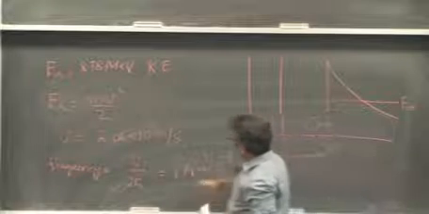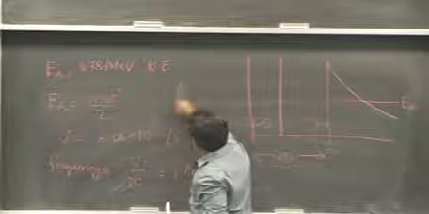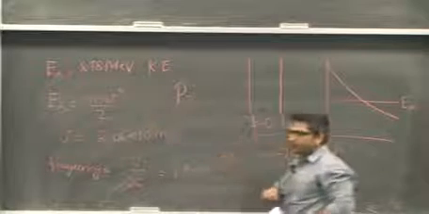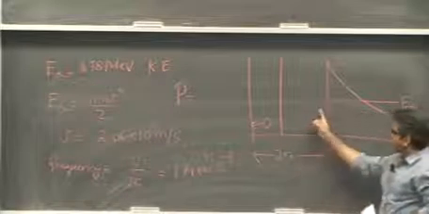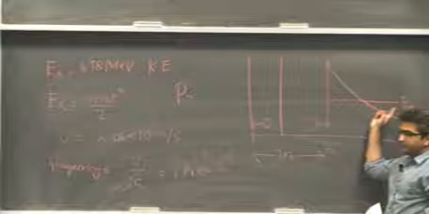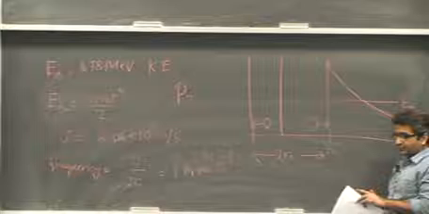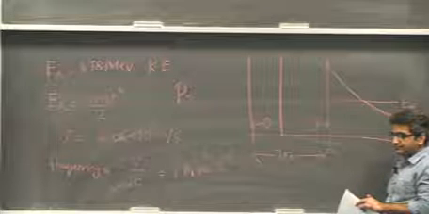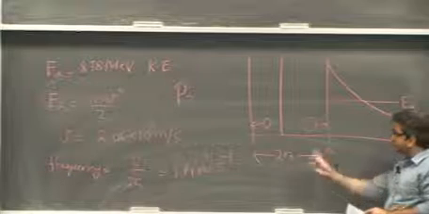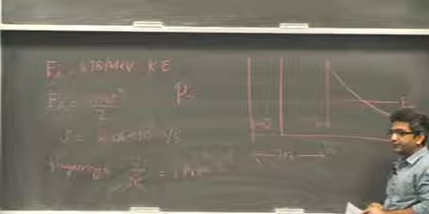Okay, so the probability of emission per unit time depends upon the probability amplitude times the frequency with which it is hitting that wall.